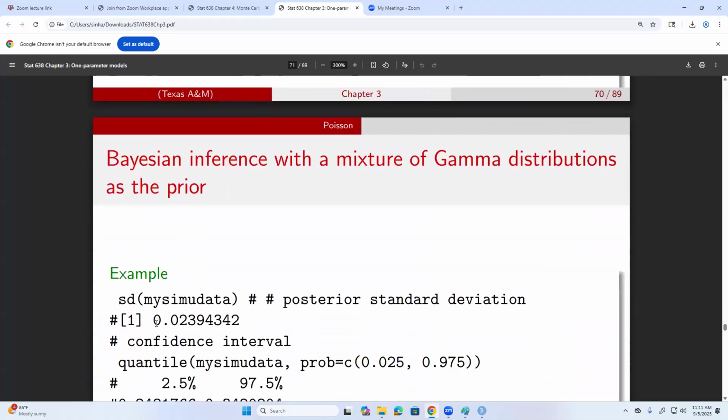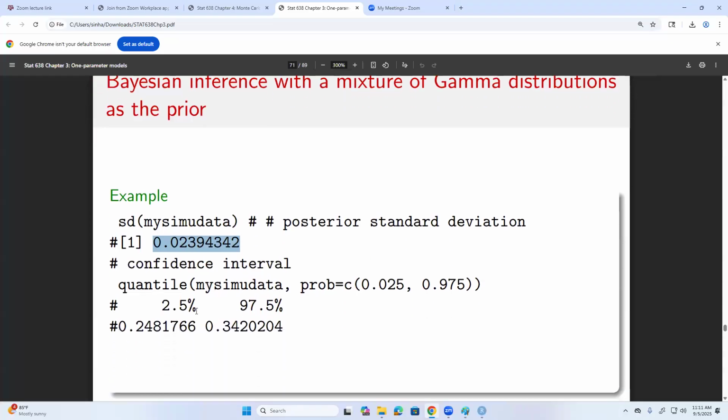Standard deviation of the distribution came out to be 0.0239. And I also calculated 2 percentile points of that posterior distribution. One is the 2.5th percentile, another is 97.5th percentile, came out to be 0.248 and 0.342.